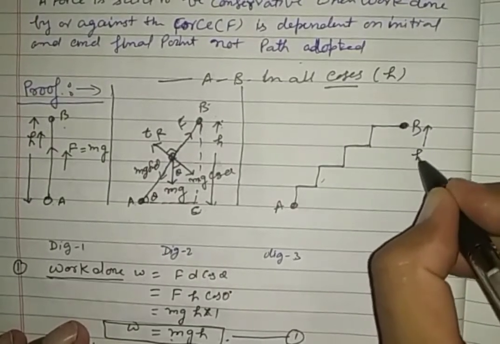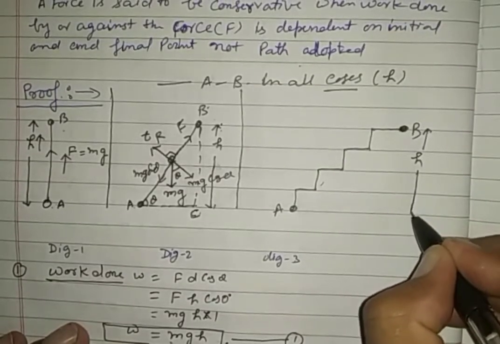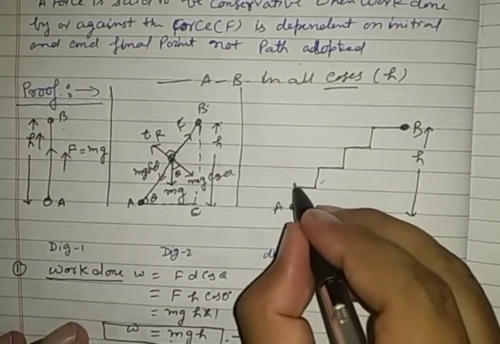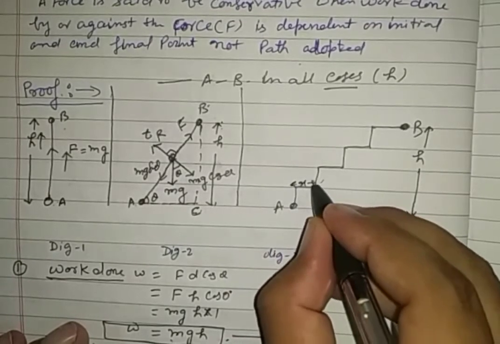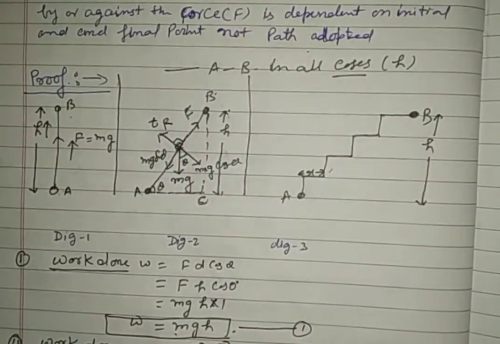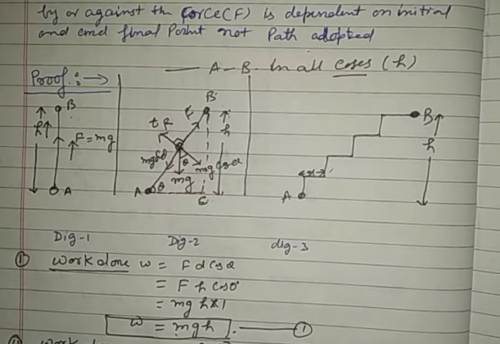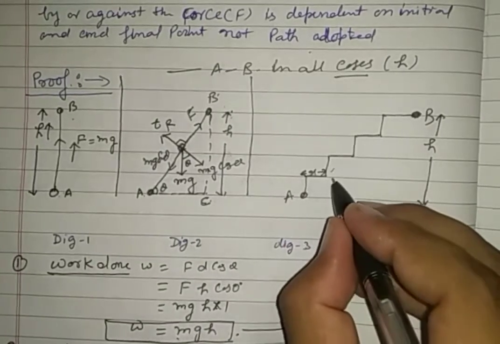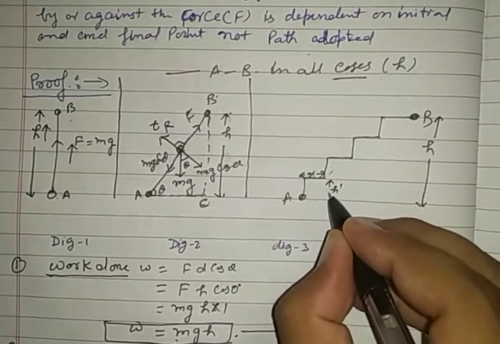The heights in the diagram are the same. Let the traveled distance be x in the horizontal direction. See carefully, and this height I am representing by h dash.